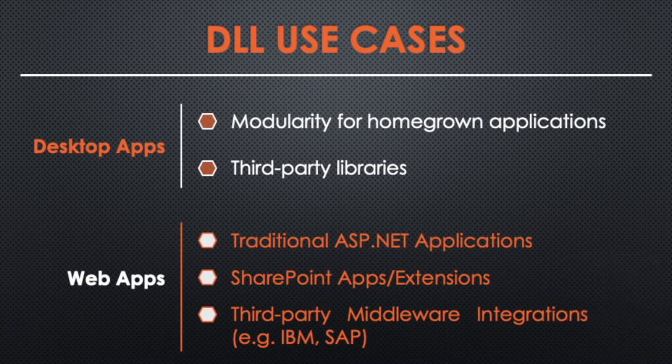Lastly, we will see third-party middleware vendors often use the same approach for server-side applications that we see in desktop applications. And that makes sense. Basically, build something one time, license it, and then distribute it to any number of end customers to integrate with their platform. Likewise, the reverse is true.